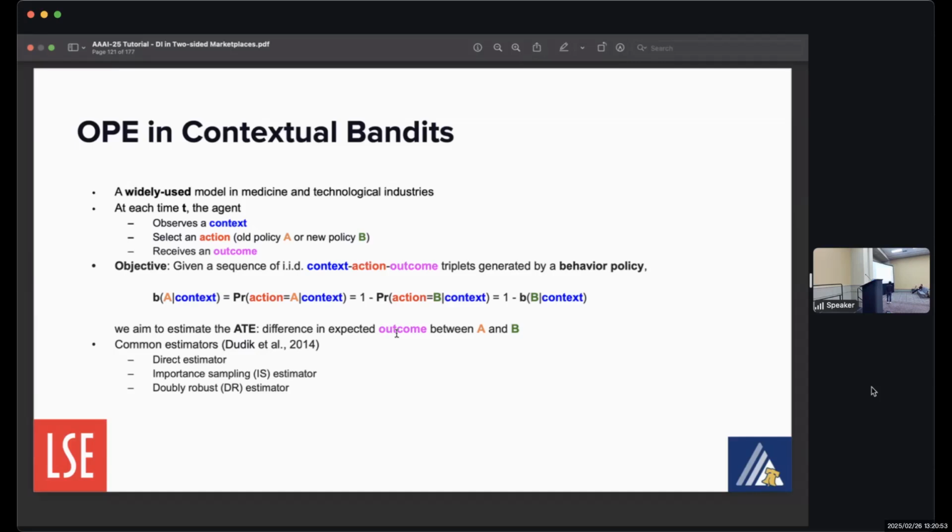So given the data generated by a behavior policy, we aim to estimate the ATE, which corresponds to the expected outcome difference between the two policies. And there are three common estimators available, which correspond to the direct estimator, the importance sampling estimator, and the double robust estimator, which I will introduce in the next few slides.